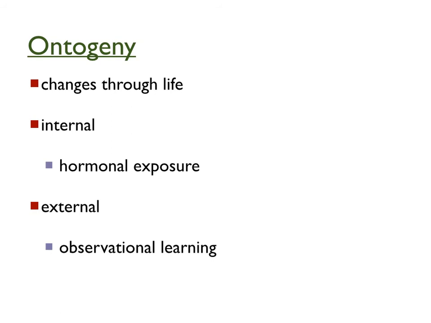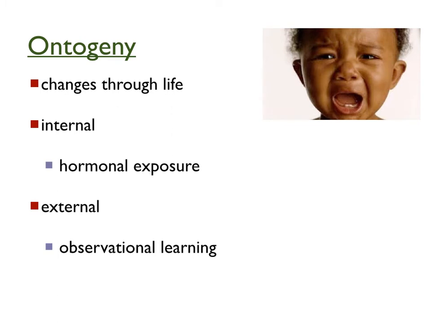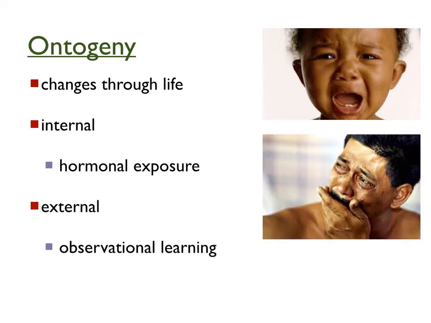Ontogeny looks at changes through the life cycle. So when we ask, why is this person crying, you might say, well, this person is crying because he's a baby. But if you imagine this baby going through his whole life, adults and children cry quite differently and for quite different reasons. Children generally cry when they're hurt or hungry or feel alone, much more physical responses.